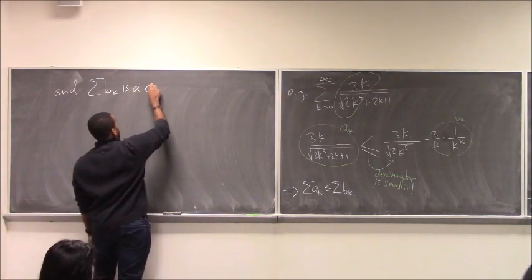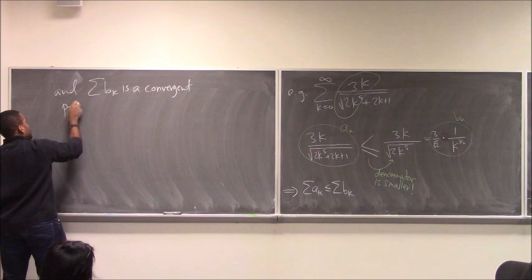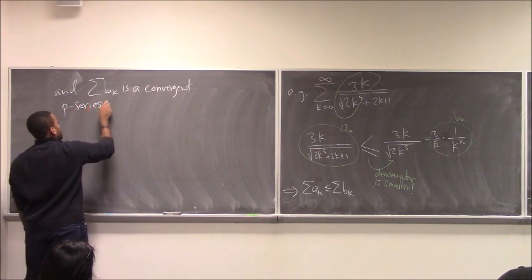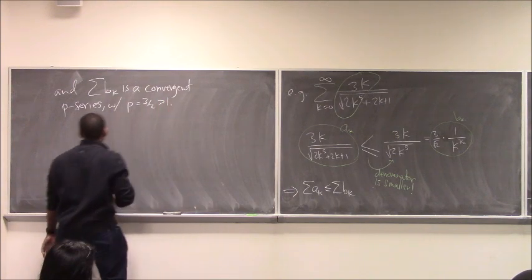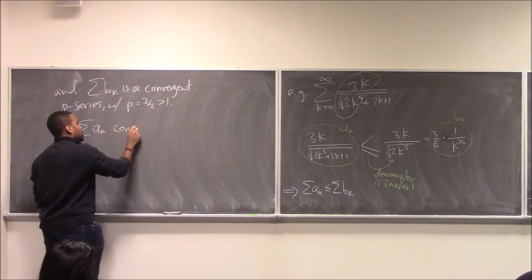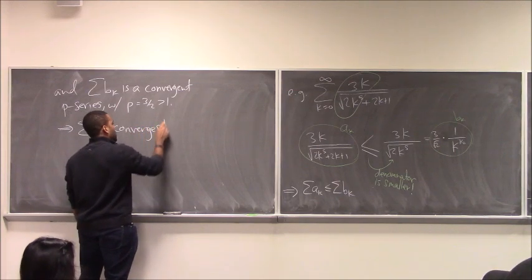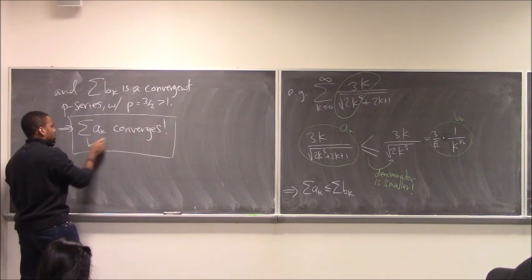It's a convergent series with p equals 3 over 2, which is larger than 1. This means that the series of A_k converges. And you would say by comparison.